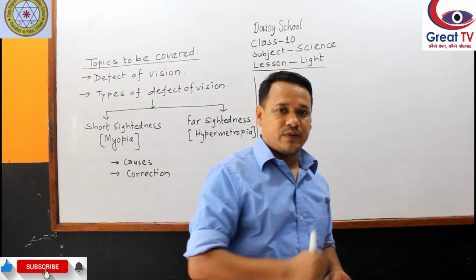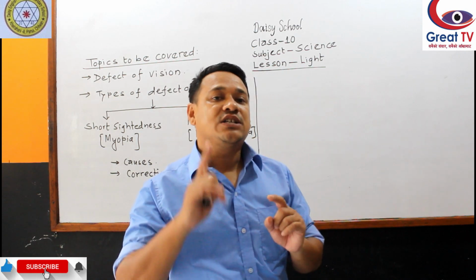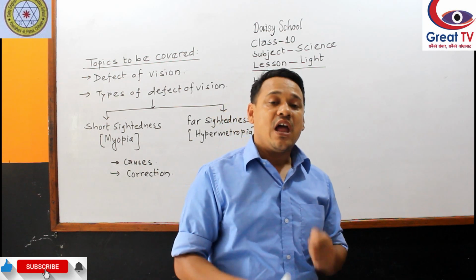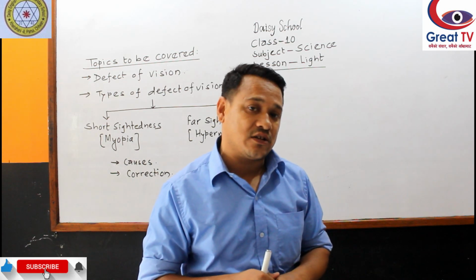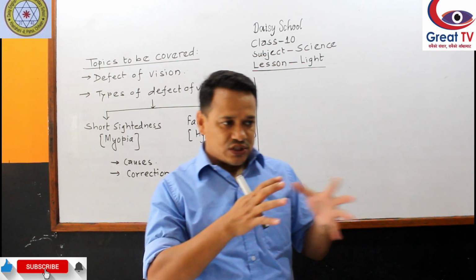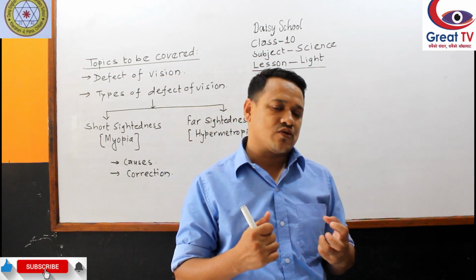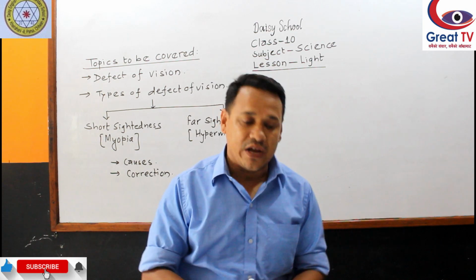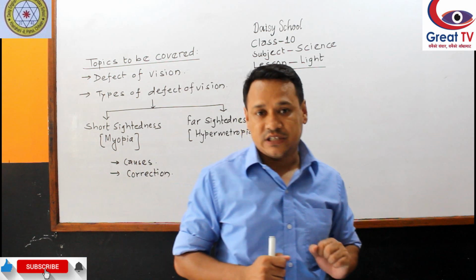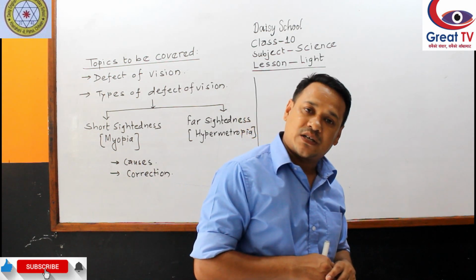And we have already discussed that to change the focal length, the ciliary muscles of the eye help us. To see a near object, the ciliary muscle should relax, because of which the lens is pressed from both sides and becomes thick, the focal length decreases, and we can see the nearby object.